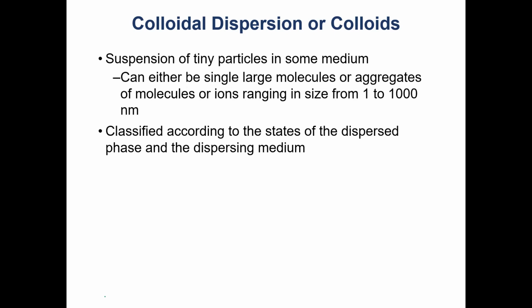They can be rather small, things as small as 1 nanometer, or we can have aggregates up to 1,000 nanometers. So there are different types of colloids depending on what phase they're dispersed in and what medium they're dispersed in.